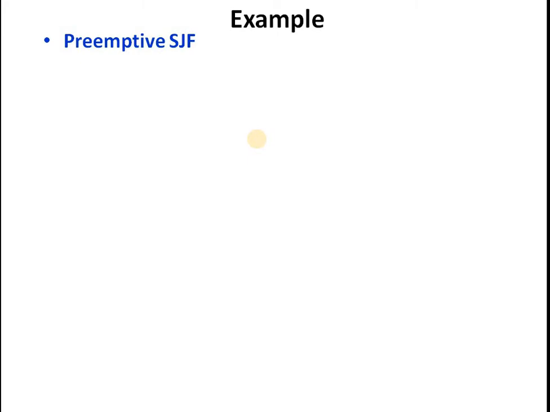In preemptive SJF, the jobs are put into the ready queue as they arrive, but as a process with a short burst time arrives, the existing process is preempted or removed from the execution and the shorter job is executed first.